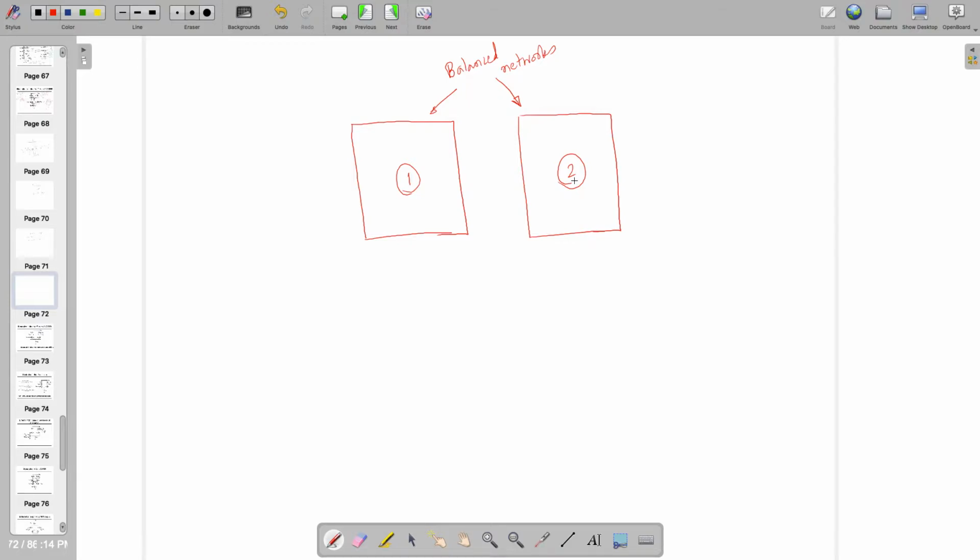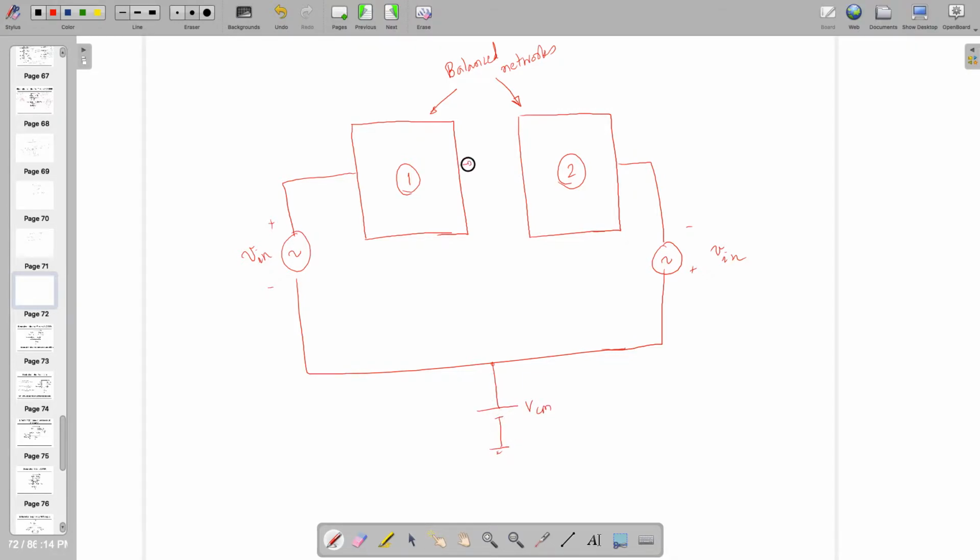The input you are giving, on one side it's V in, and on the other side you might have 180-degree phase shifted input. Along with that, there might be some common mode voltage, and accordingly you have two outputs, V out plus and V out minus. When you are taking the difference of these two, it's a differential amplifier.